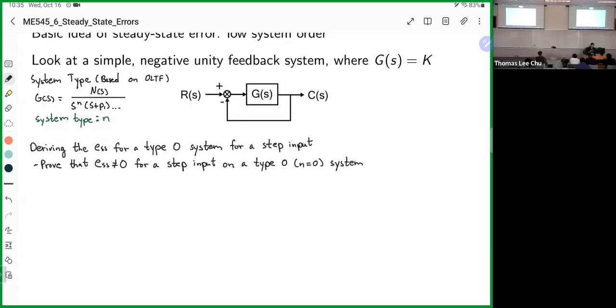I want to show you that for a constant input, we will always have steady state error for a type 0 system, so a system with no poles at the origin.